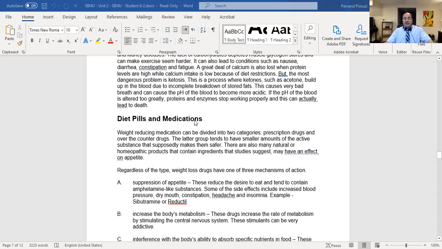Then diet pills and medications. We have been having so many different diet pills and medications over history, over years and years ago. And each time they were not really working properly or fully. That's because when we are looking into eating habits, first of all, we may look into what our habits are, and then we can maybe find the solution by changing those eating habits and what we're eating and when we're eating.